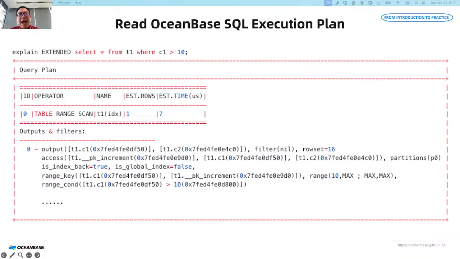Let's take a look at the difference between explain extended and explain extended no address. Explain extended will also display the address information of the data stored in each expression involved in each operator.